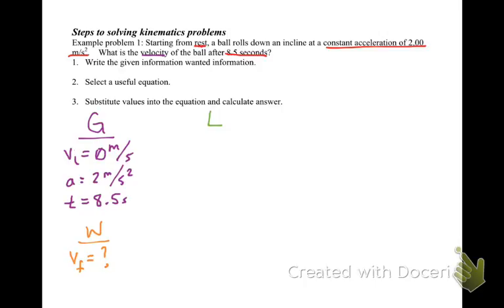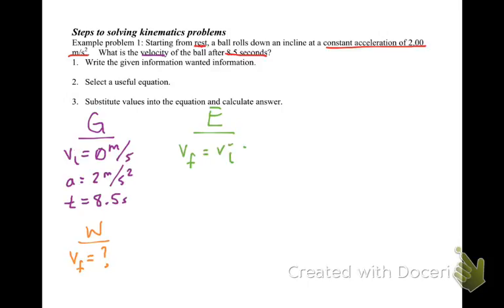So now, looking at our equations on our reference table, what equation deals with all of these variables? Our initial velocity, our acceleration, our time, and our final velocity. You could use one of two equations.